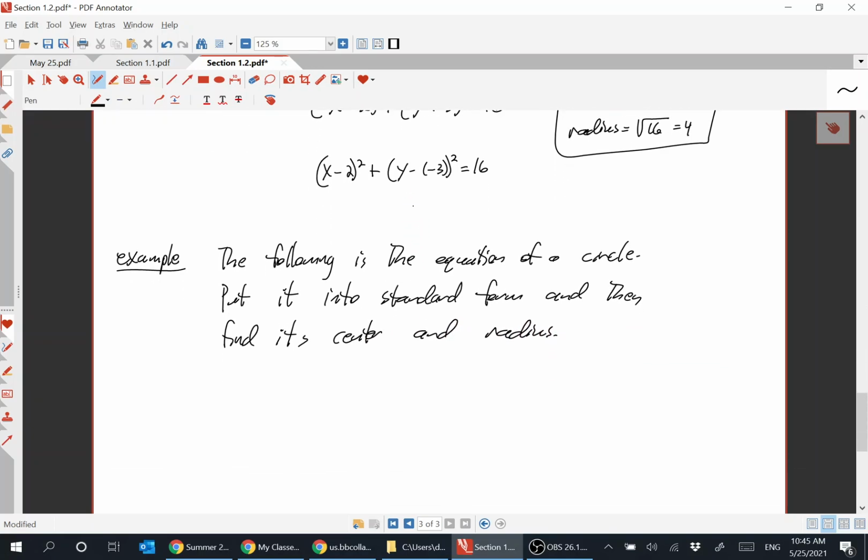The point of putting it in standard form is that you can read the center and the radius.